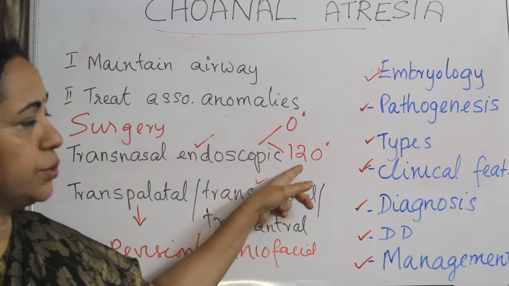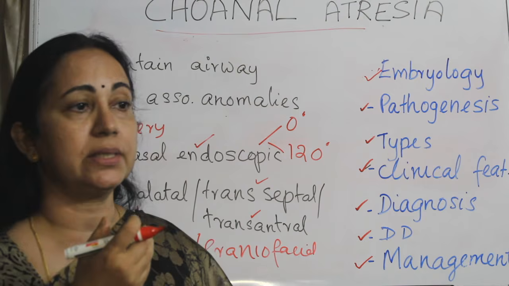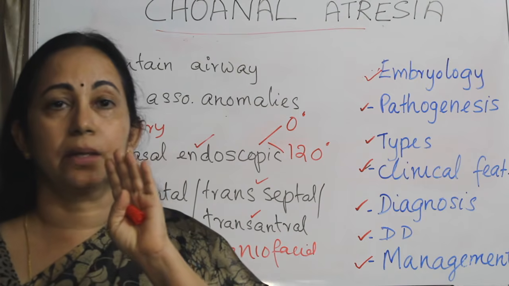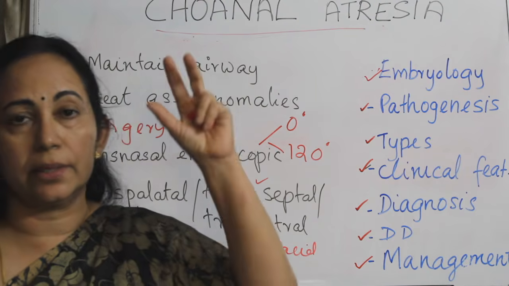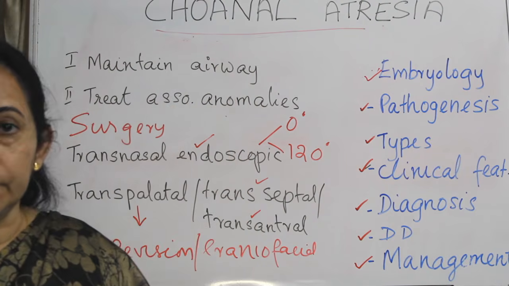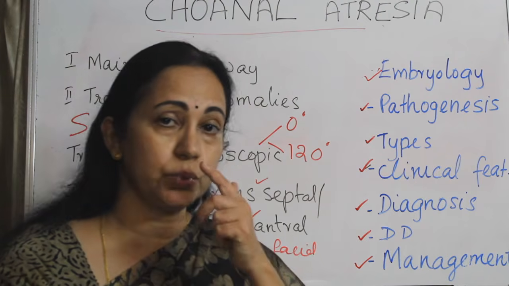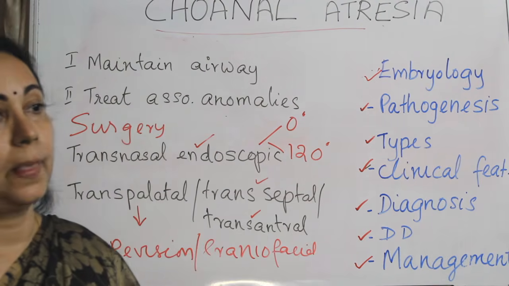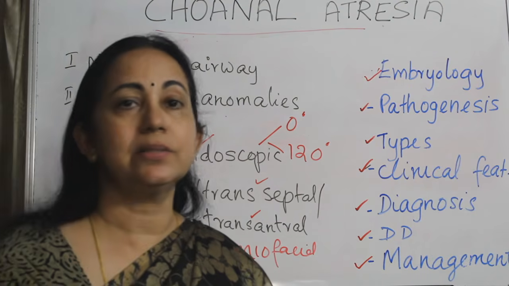And if using 120 degree, the endoscope is placed through the oral cavity. It is placed in the nasopharynx behind the soft palate, so that the choanal area can be visualized, and then the instruments pass through the nose and the atretic part, the bony or membranous part, is drilled out.